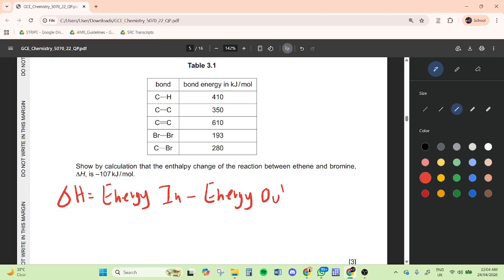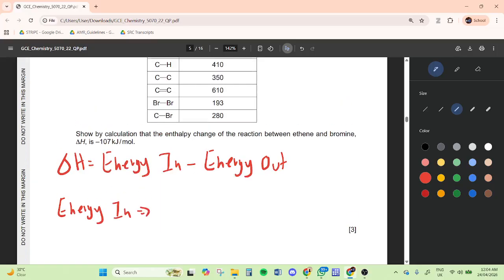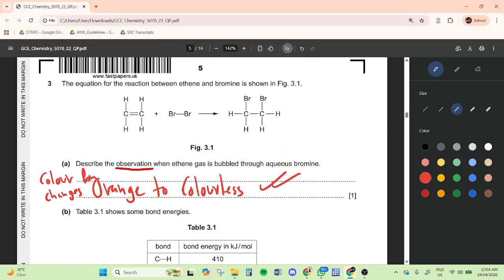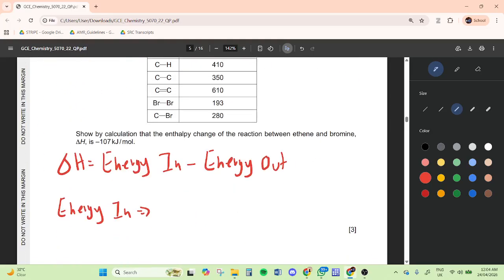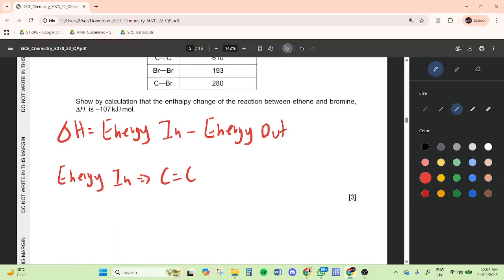So let's take a look at what our energy in is. Energy in is, you're going to break a carbon-carbon double bond. So we're going to write down the bonds over here. So you're breaking a carbon-carbon double bond, and you're also breaking a bromine-bromine bond.